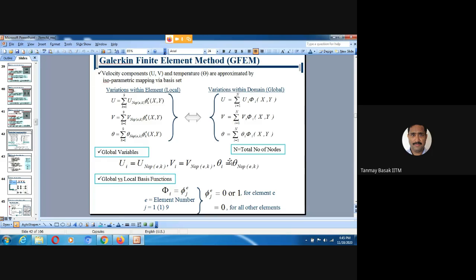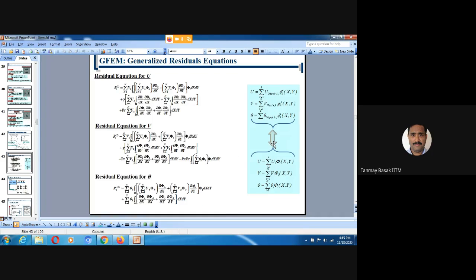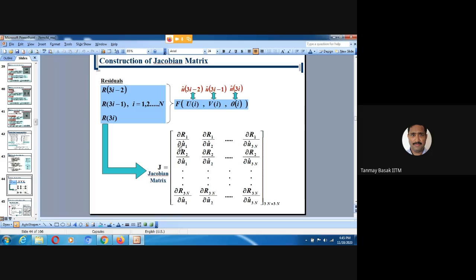We develop the overall global basis function with the global residual. So this is the overall residual for the x velocity component balance, y component balance, and theta balance equation, and that would give the Jacobian matrix.